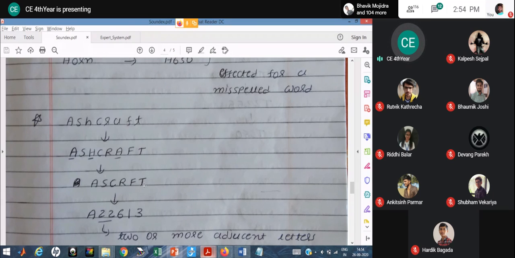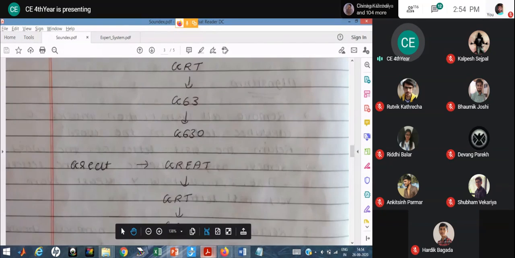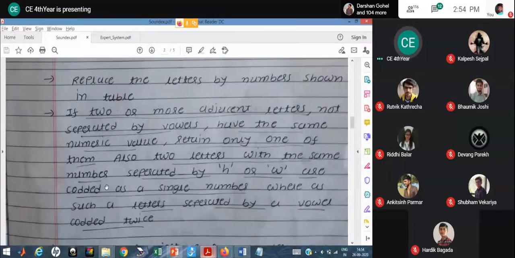And then after, what is your next step in the algorithm, everyone? The next step is to replace the letters by a number. Here for S and C I have written 2, 2. See the table, everyone.